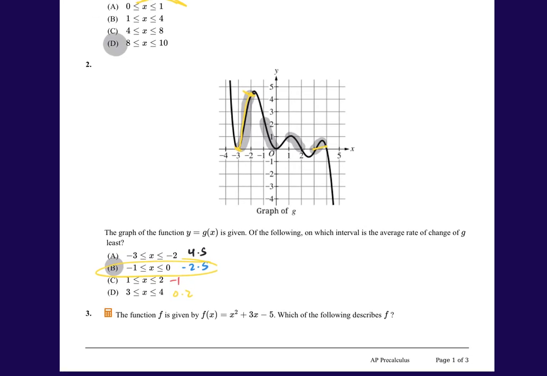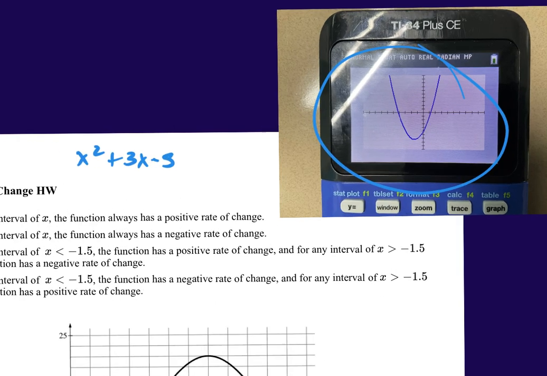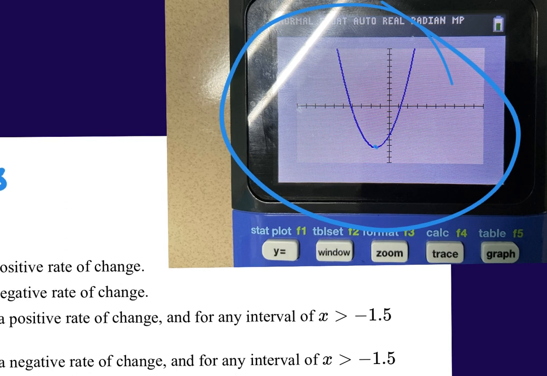It said the function is given by, and this got cut. Okay, so I graphed the equation x squared plus 3x minus 5, and I got this graph here. So the change happens at your minimum point. Your minimum point was negative 1.5 and whatever this y is. So negative 1.5 comma whatever that y is.